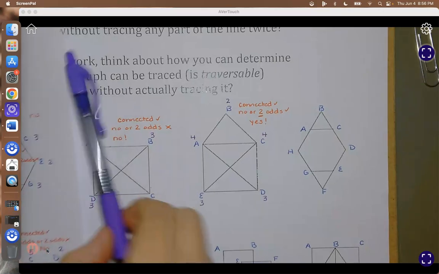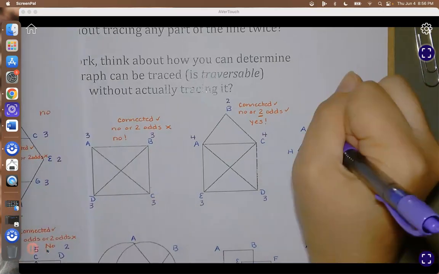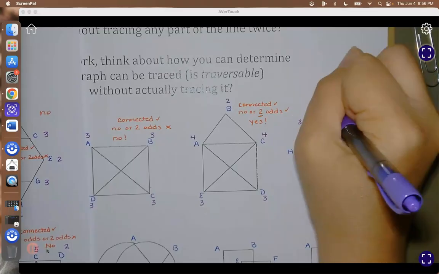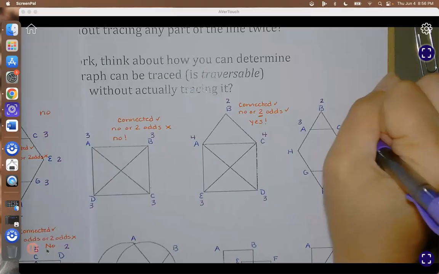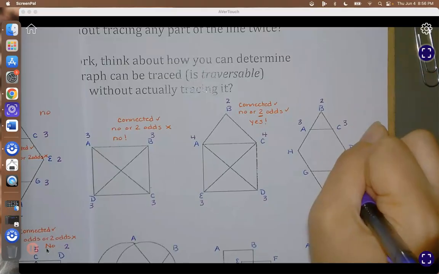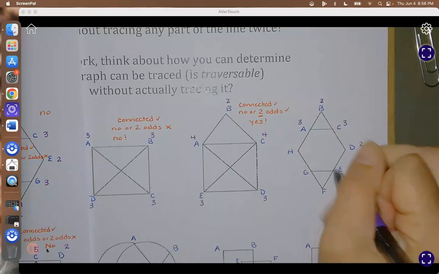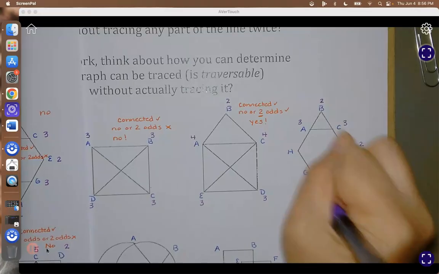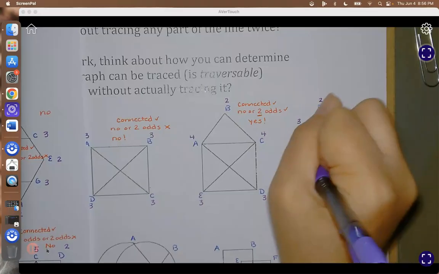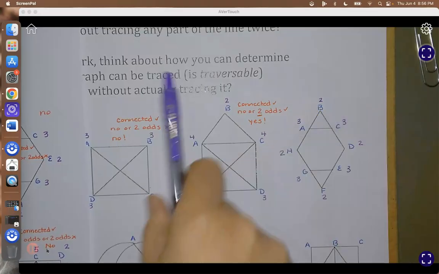So next, we do A, 3. B is 2. C is 3. D is 2. E is 3. F is 2. G is 3. H is 2.